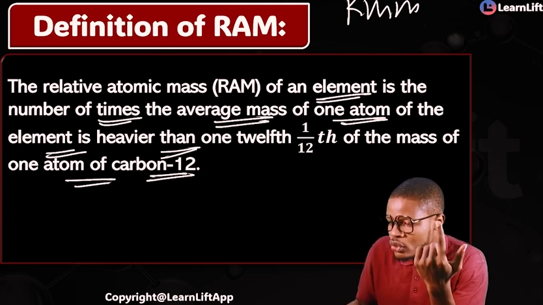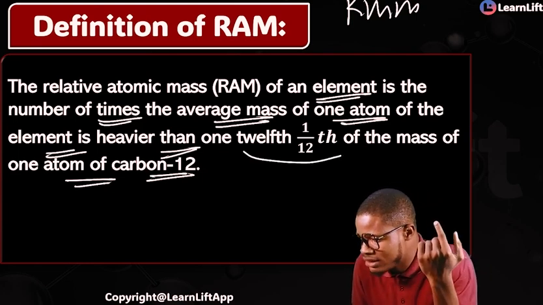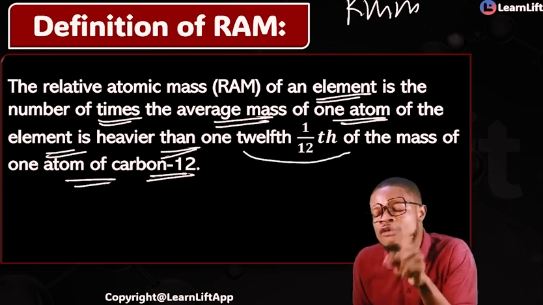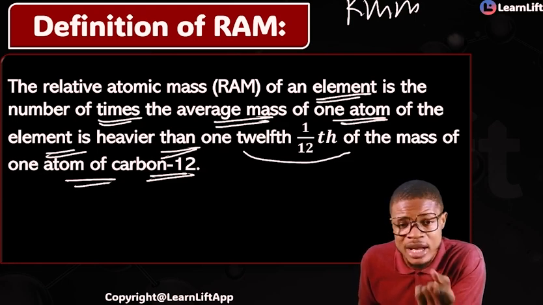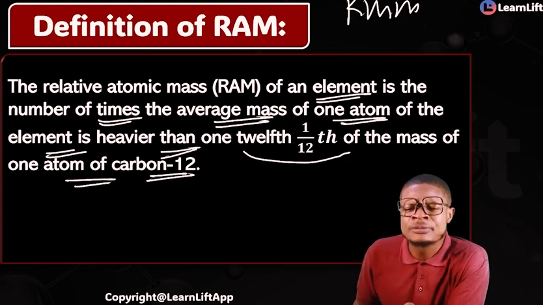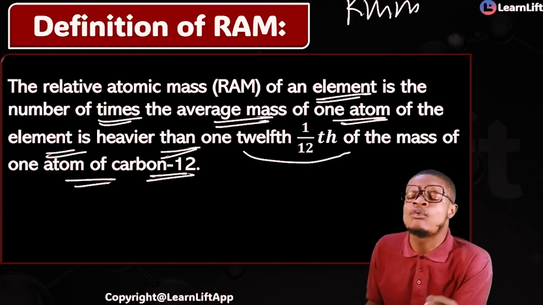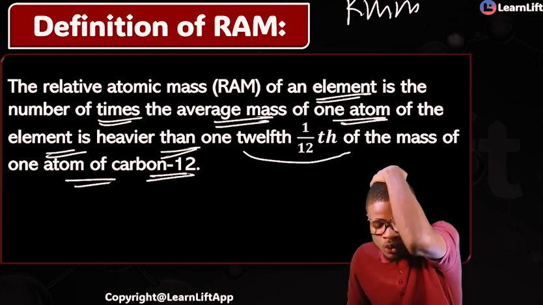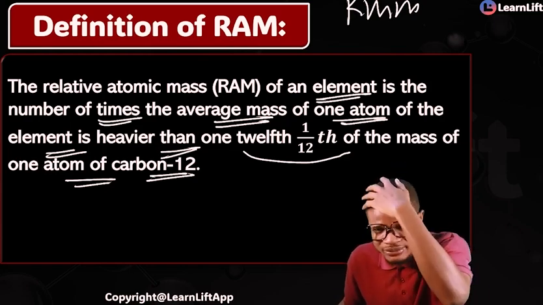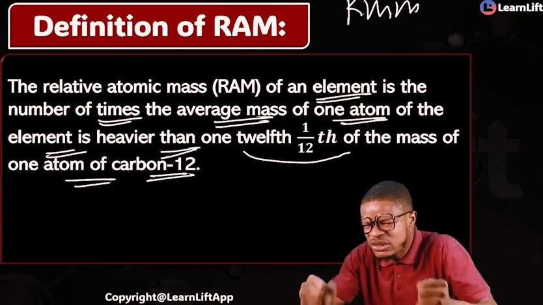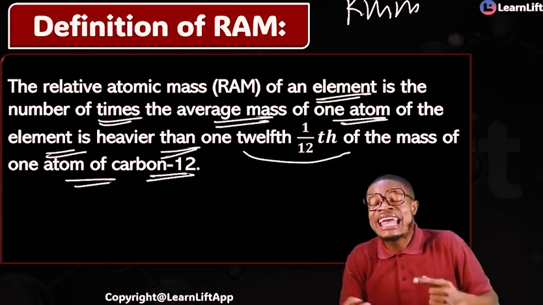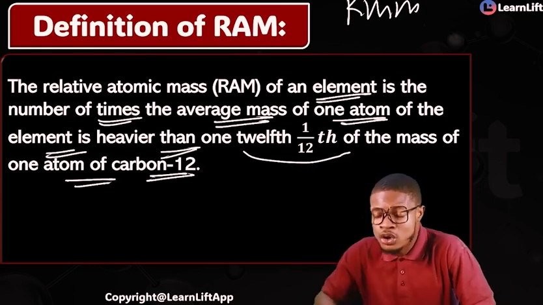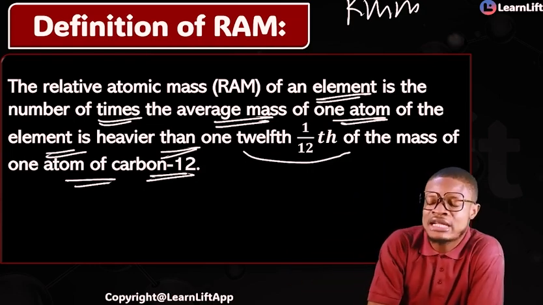You can see that 1/12 of the mass of one atom of carbon-12 comes in place there, because that's what we are using. Say it with me: the number of times the average mass of one atom of an element is heavier than 1/12 of the mass of one atom of carbon-12.